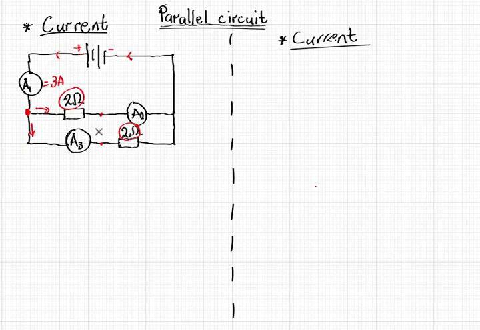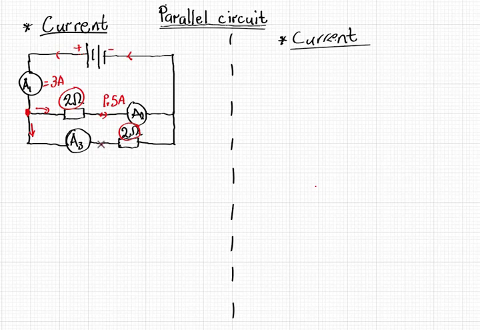So the resistance, that which opposes their flow, is identical on each of these two branches. So the current will be split equally. So the current flowing here will be 1.5 amps.